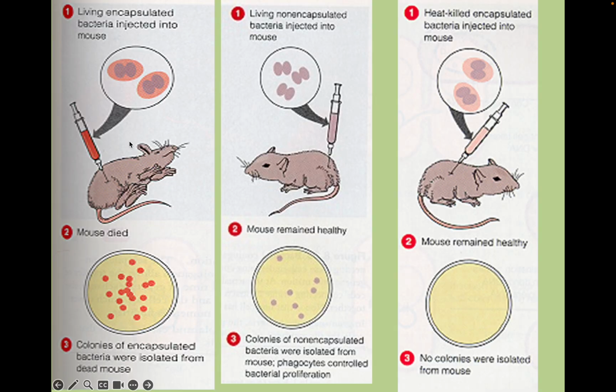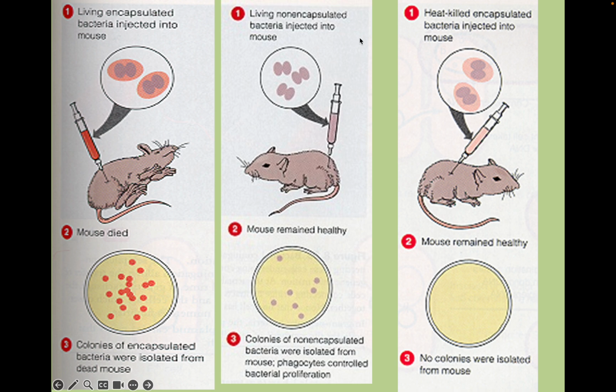So, for his first experiment, Griffith had living encapsulated bacteria. He injected it into a healthy mouse. The mouse died, and he cultured the bacteria from the mouse. Colonies of encapsulated bacteria were isolated from the dead mouse.